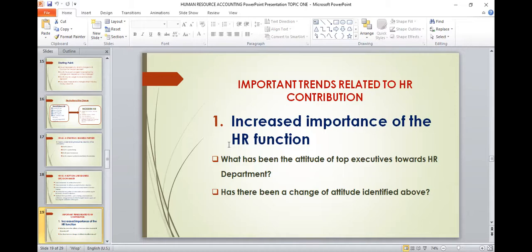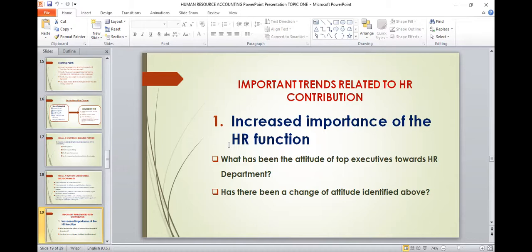There has been increased importance of the HR function. In other words, people have started to embrace HR, not like before, where HR was regarded as a cost center, a center where expenses are incurred, but no revenue in return.